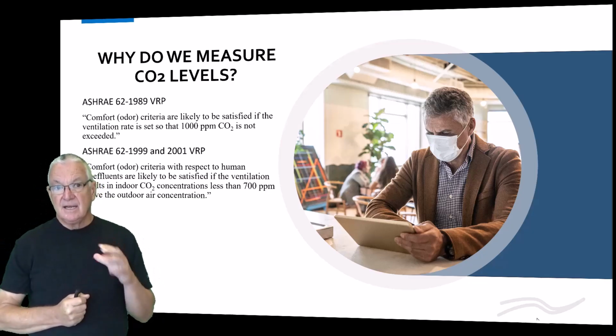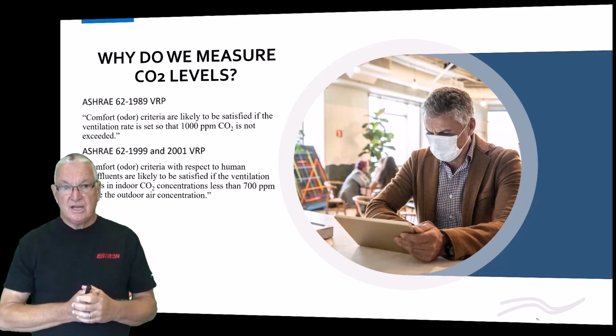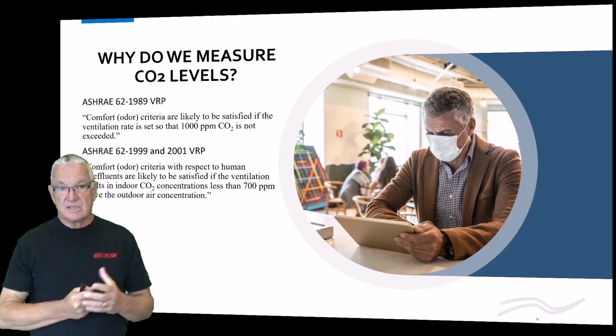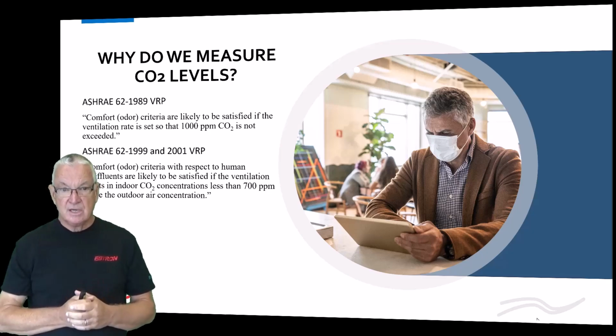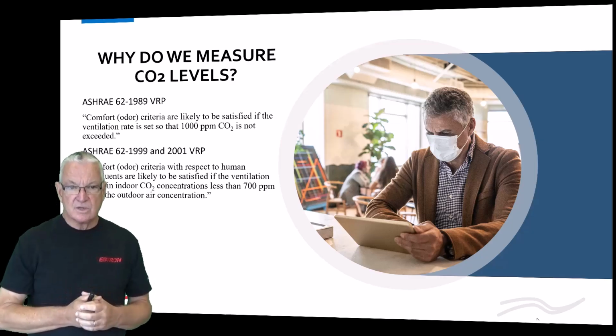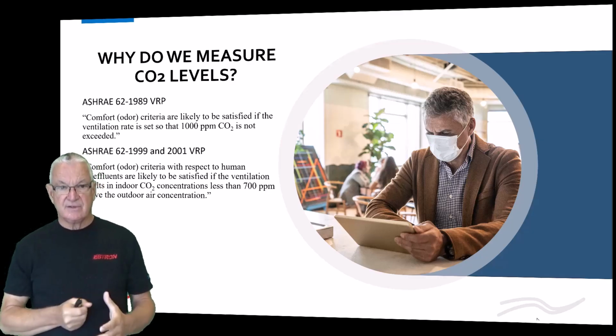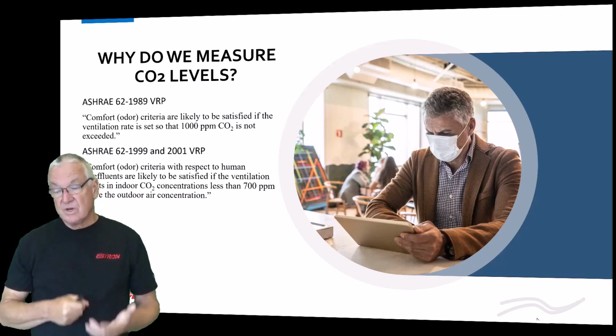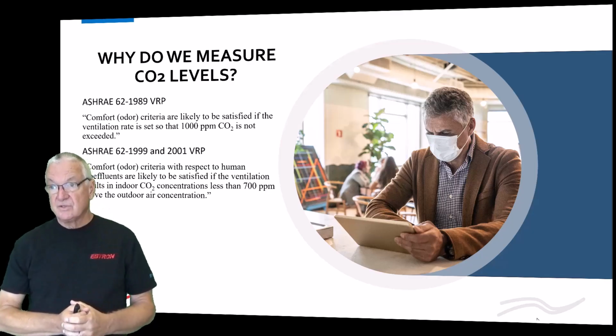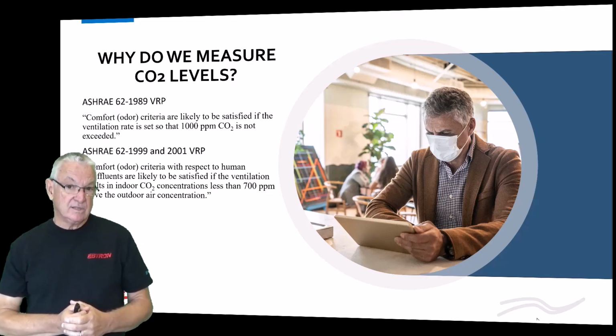In 1999, the language was changed a little bit, where it says comfort or odor criteria with respect to human bioeffluents are likely to be satisfied if the ventilation results in indoor CO2 concentrations less than 700 parts per million above the outdoor air. That's because the outdoor air CO2 levels are not necessarily all that constant.